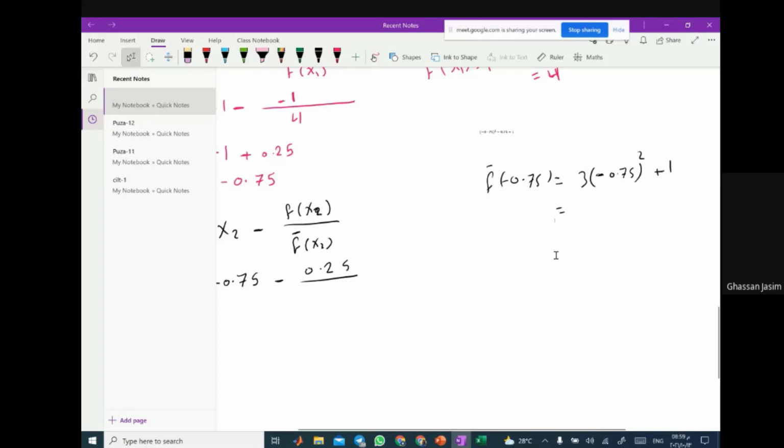It will be 2.68. Let's check and solve it.